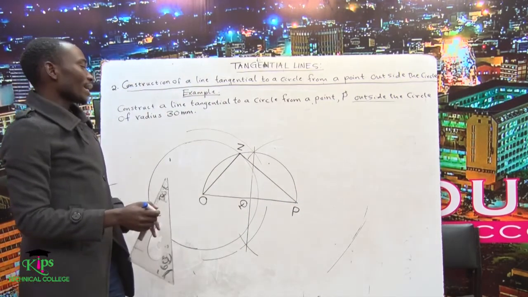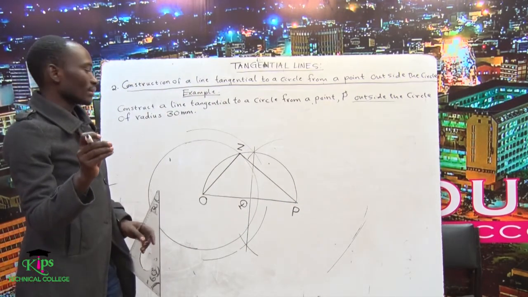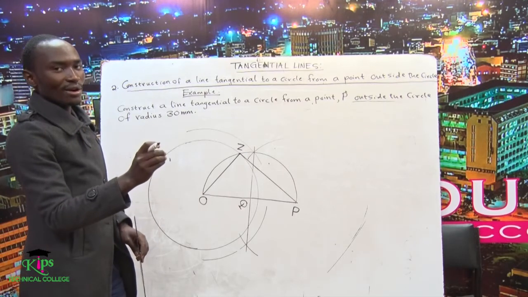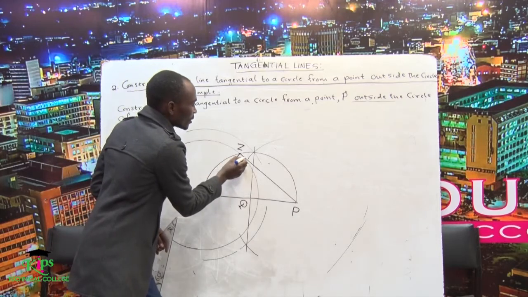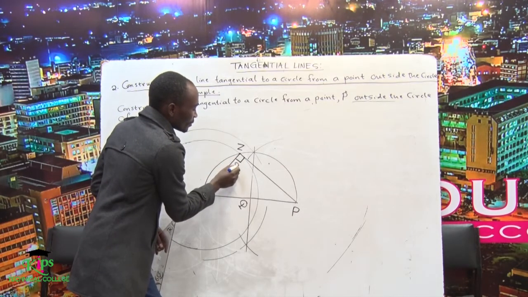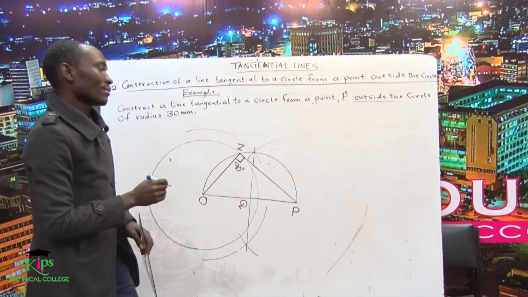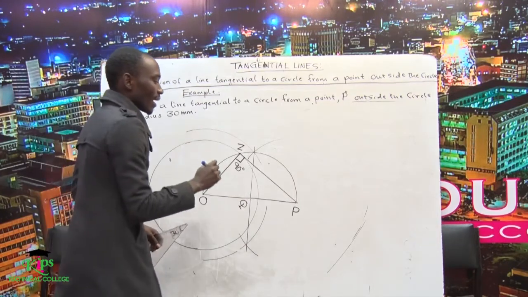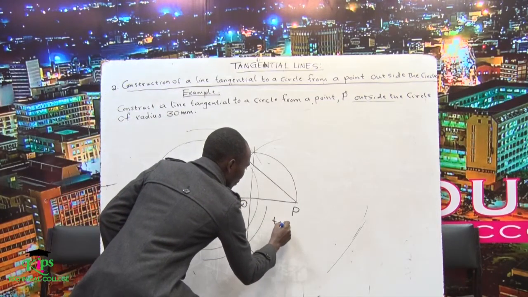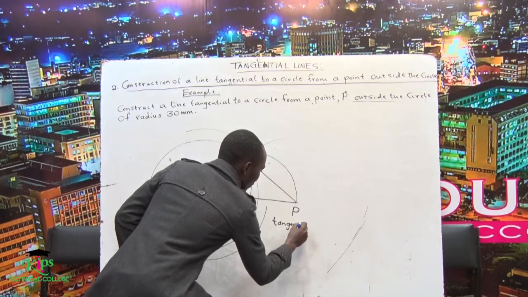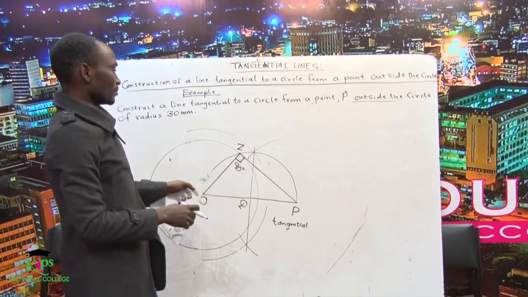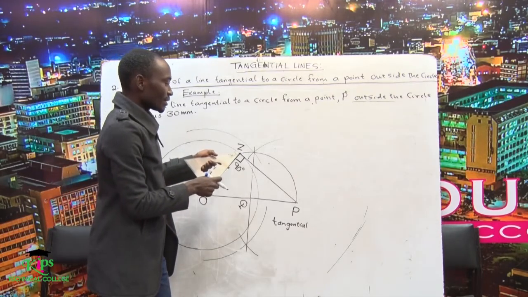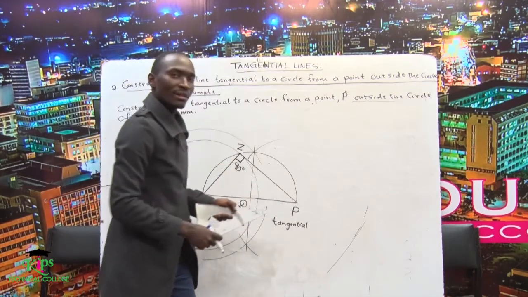Like that. And we said the angle inside a semicircle, if it is a triangle, this angle is 90 degrees. So now the tangential line is line ZP.